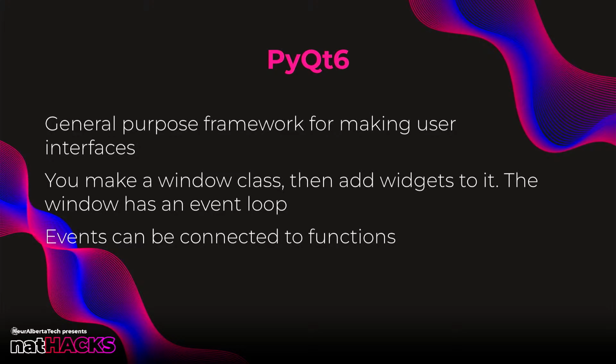We'll get into more details later on in the hands-on portion of the workshop and show you what these abstract concepts are and how they look in practice. But this is just a high-level view of the terminology that PyQt uses and the rough structure that you'll design things with in PyQt.